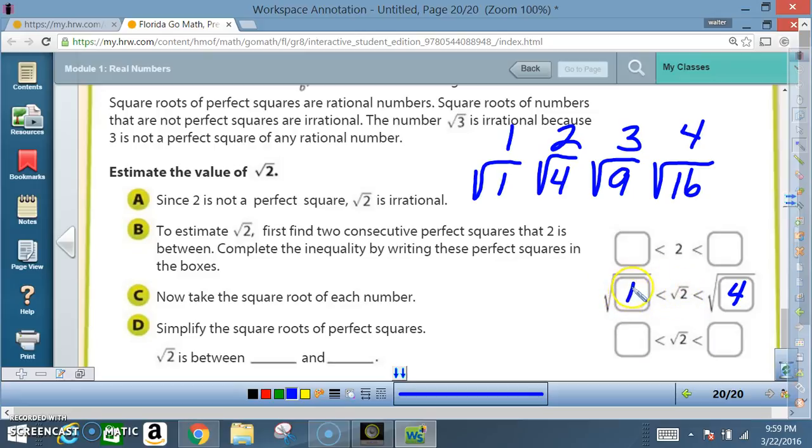What is the square root of 1? 1. What's the square root of 4? 2. That means whatever the answer is for the square root of 2, we know it's between 1 and 2. Now, normally to get a general estimate, all you would do is pick halfway. So halfway between 1 and 2 is 1.5.